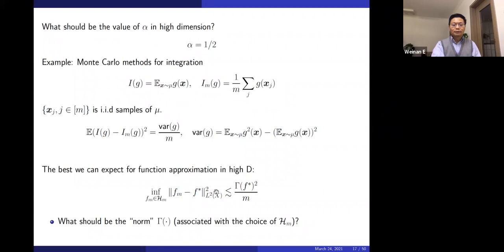So therefore, the best we can hope for is the analog of this, which will be this. And this plays the role of variance. Different Monte Carlo schemes differ in how big the variances are. So different neural network approximation schemes differ in how big these pseudo-norms are.